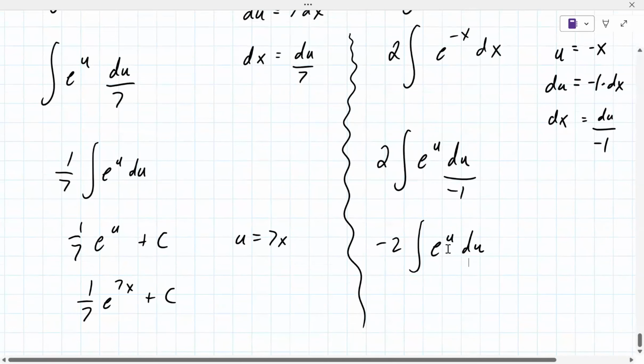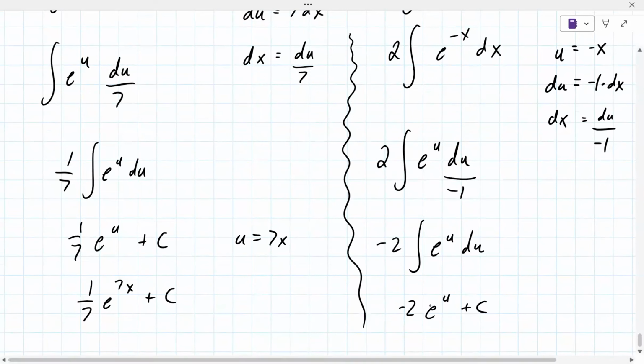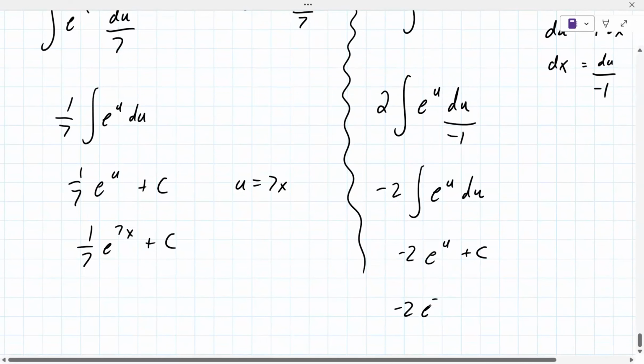Again, it always goes back to something really simple. That's the whole idea of these u-substitutions, something that's totally doable. So that becomes e to the u, -2 plus c, and then it's -2 e to the minus x plus c. There's your answer.